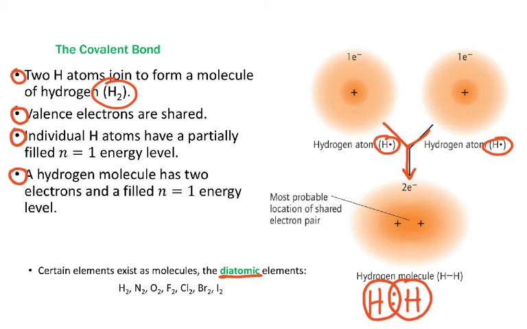So we can kind of see why these would be nonmetals then, because nonmetals are more likely to accept 1, 2, or 3 electrons than to give them away, like the metals are. So instead of fully taking 1, 2, or 3 electrons as an ion, it can share extra electrons with other atoms.